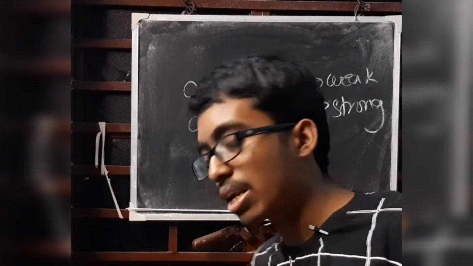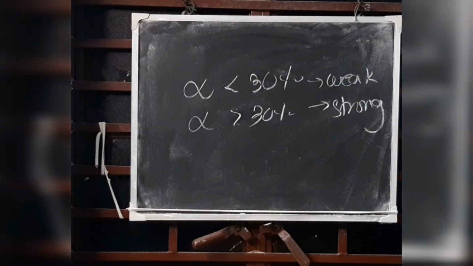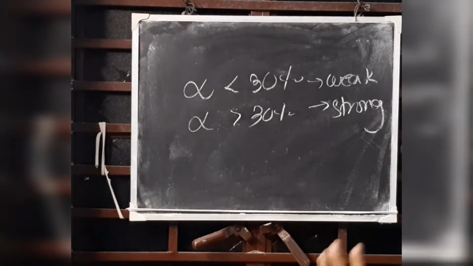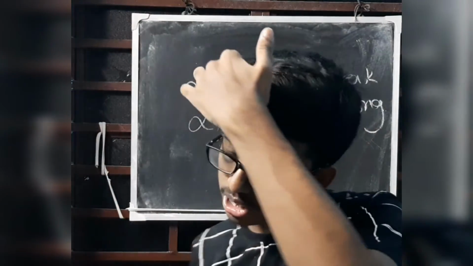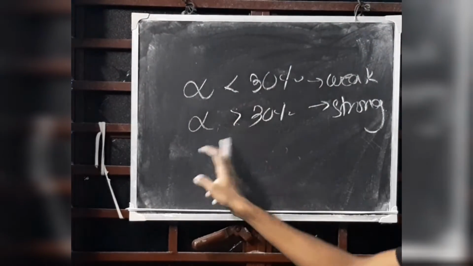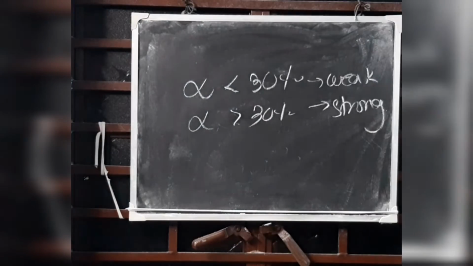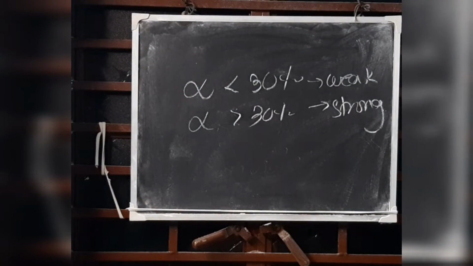This is the basic categorization we make. Degree of dissociation is the number of acid molecules ionized divided by the total number of acid molecules, multiplied by 100. Not in the syllabus right now, so just remember that less than 30% is weak and greater than 30% is strong. Done.